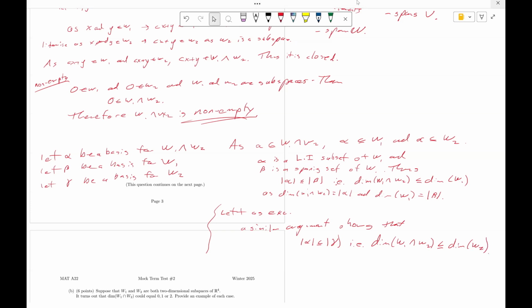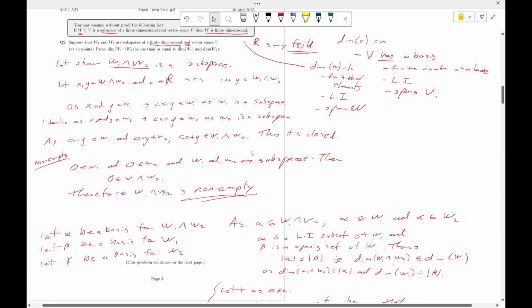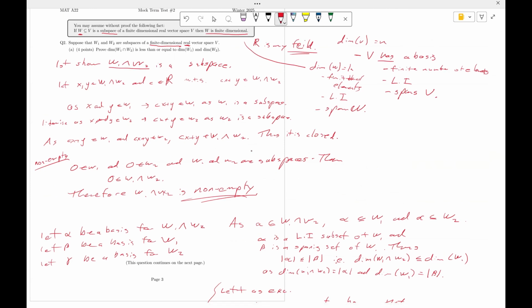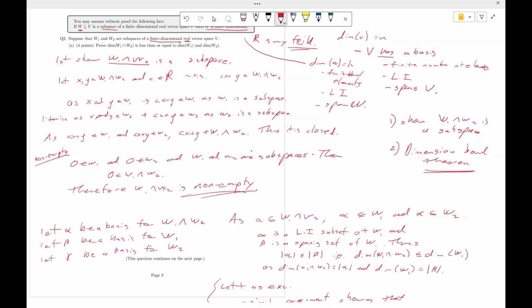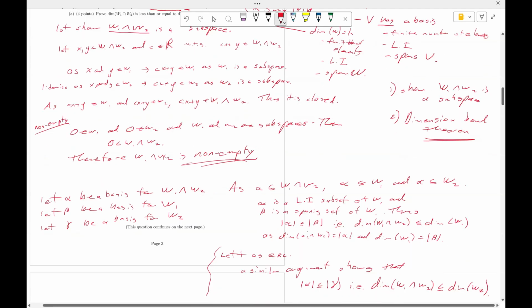Whew, a lot of work. Overall, there are two key ideas here. First, show W1 intersect W2 is a subspace. Two, the dimension bound theorem. Lovely.